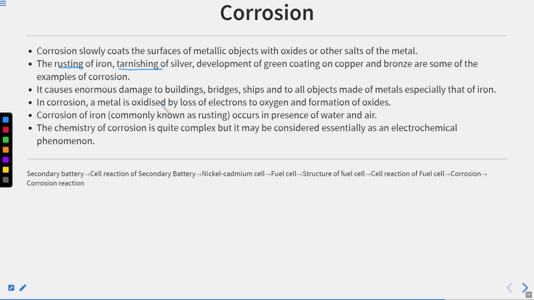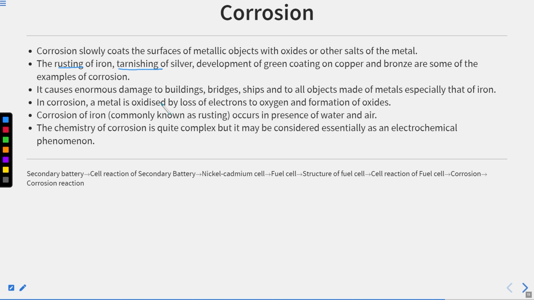You must have seen in your household that women say the shininess of the silver ornaments has been reduced. Why is it so? Because they have been tarnished with time, due to the development of a salt of silver on the silver metal. The shininess has gone, or you can say reduced.